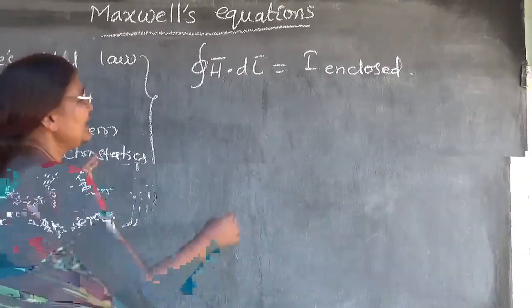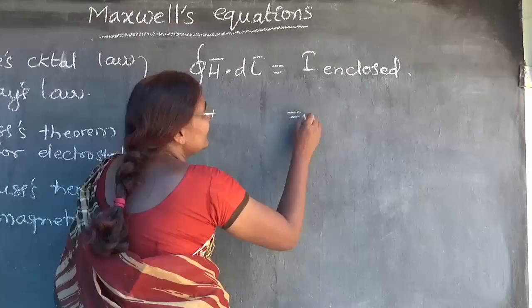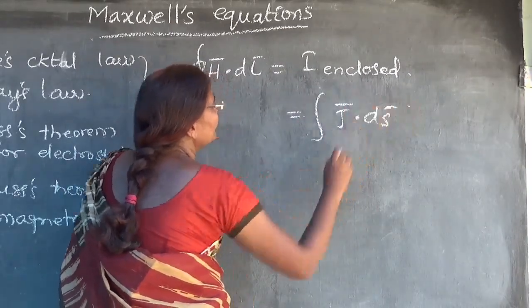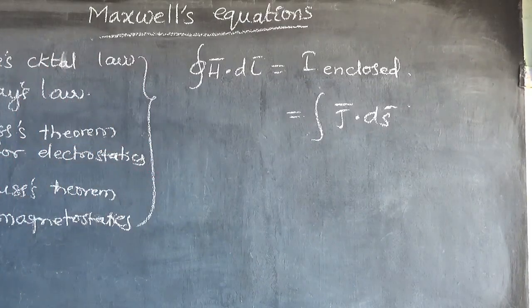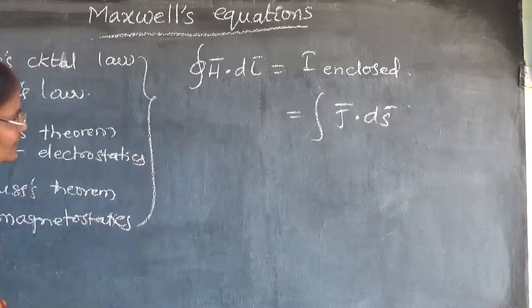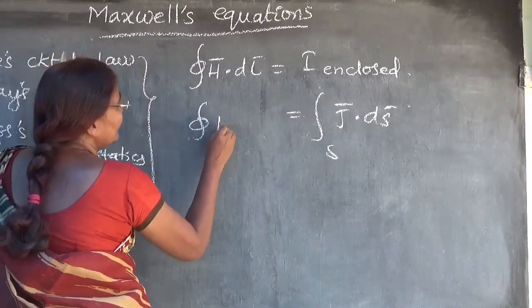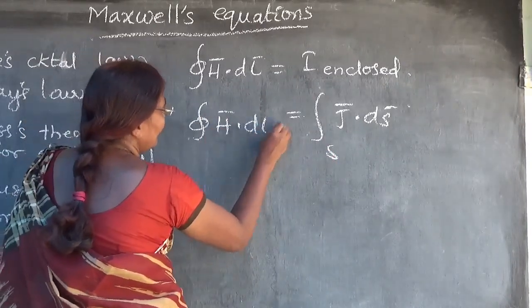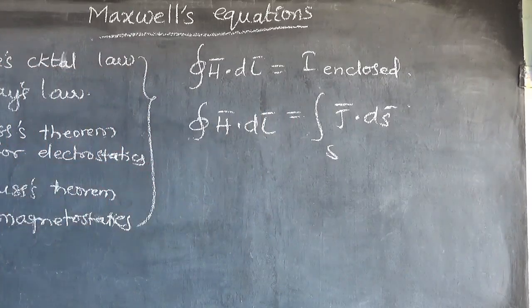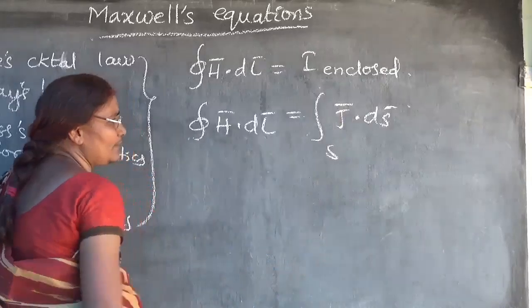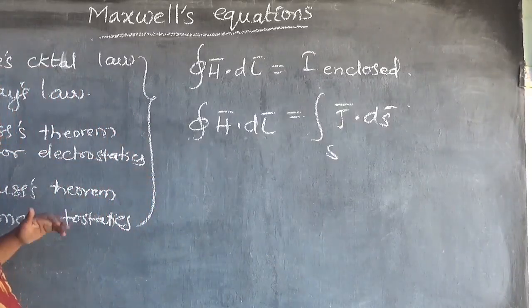So I can write this I as the integral of j bar dot ds bar, and this is the h bar dot dl bar. Now this is the line integral and this is the surface integral.